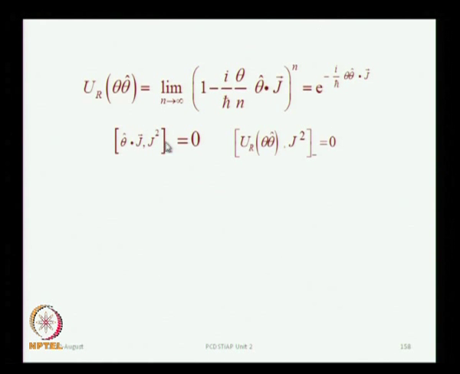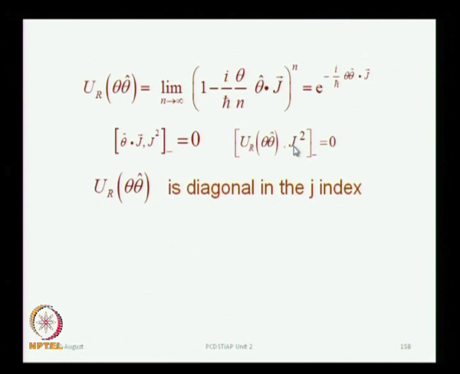Now, you know that j square commutes with any one component, and since the rotation matrix for a finite rotation is also made up of a sum of these terms, which generates the exponential series, the rotation matrix also commutes with j square, and therefore the rotation matrix will be diagonal in the j index.